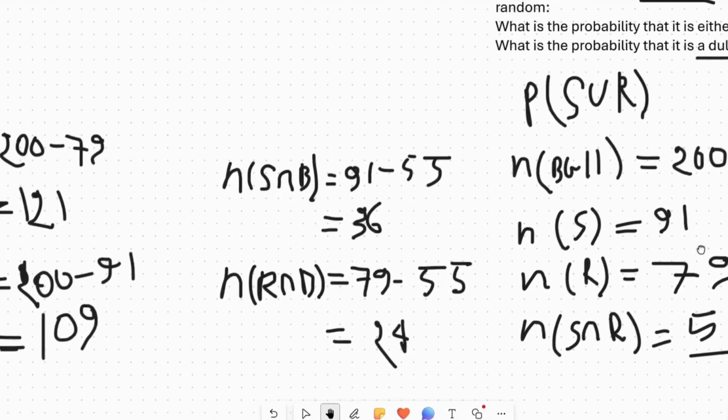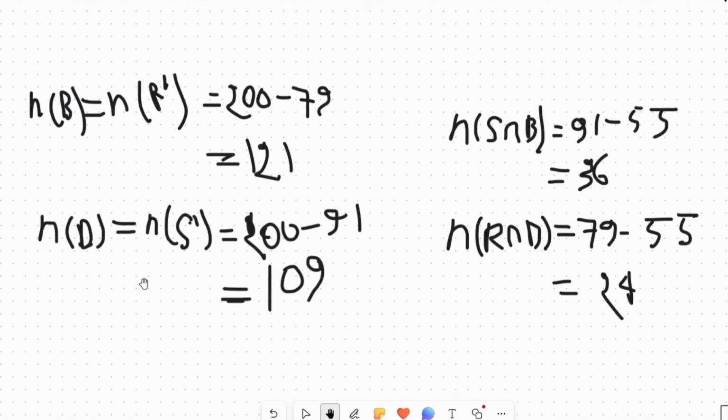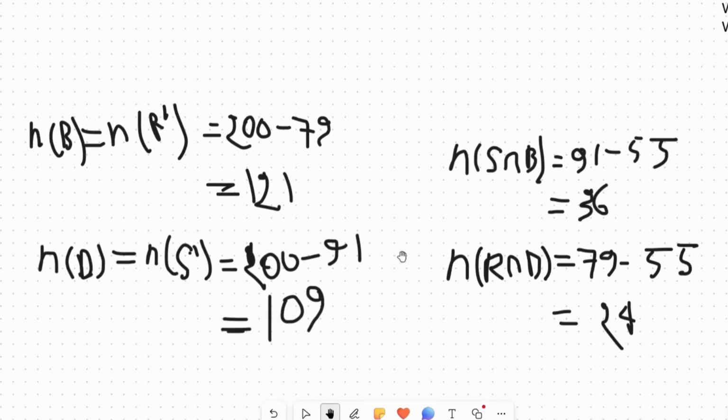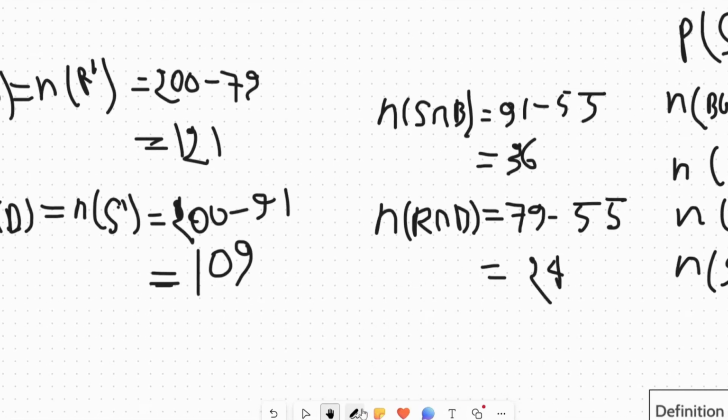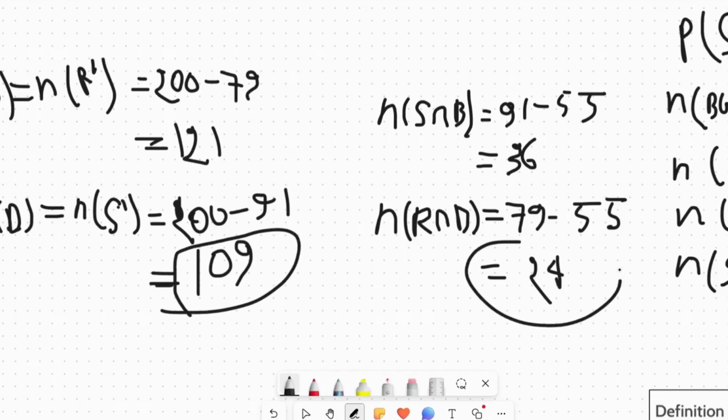We know that this is our dull ball, and red and dull is 24. So this is only dull and this is red and dull.